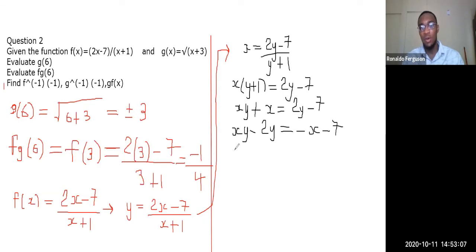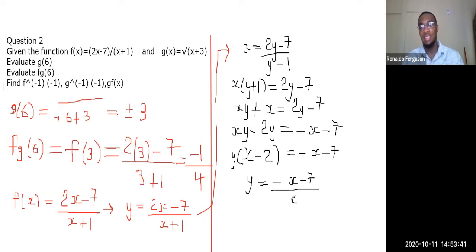So we can factor out the y now, and I'm getting y times x minus 2 is equal to negative x minus 7. So if I divide by x minus 2, I'm getting that y is equal to minus x minus 7 over x minus 2.